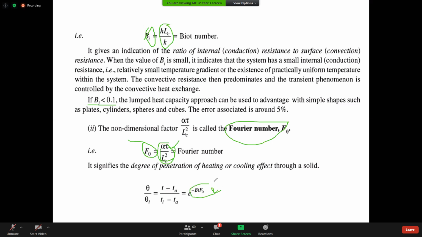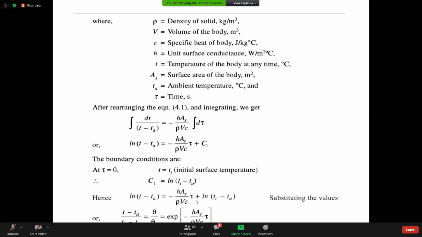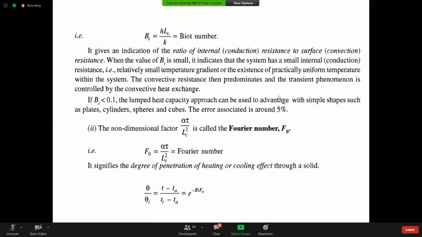We can write it simply as minus Biot number times Fourier number. After simplifying, this exponent is simply a product of the Biot number and the Fourier number. So this is the lumped analysis temperature profile.